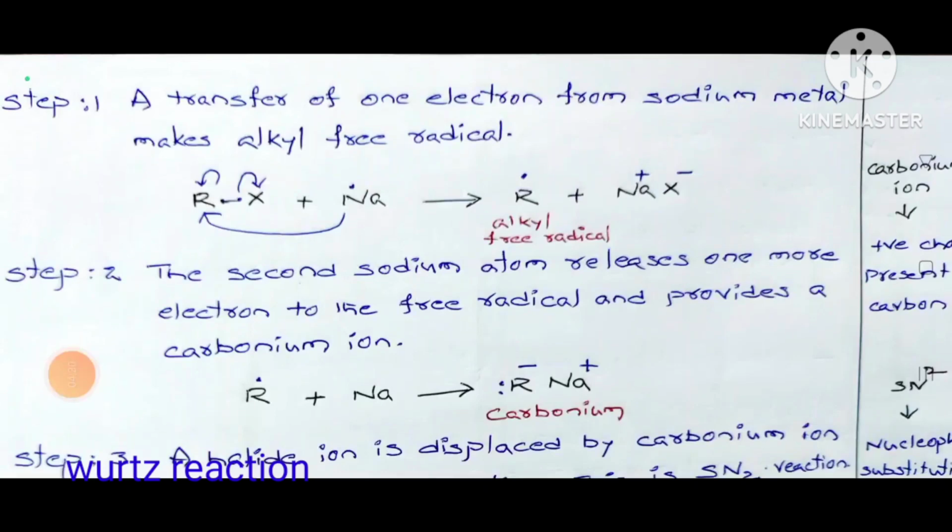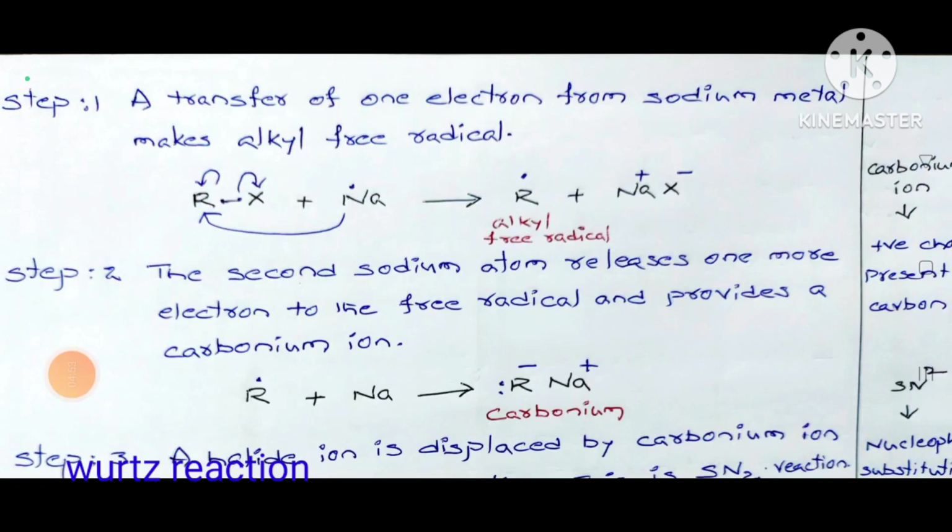Then the alkyl halide is converted into an alkyl free radical. This can be represented in an equation as RX plus Na gives R, the alkyl free radical, plus NaX. So in the first step, one alkyl free radical is obtained.